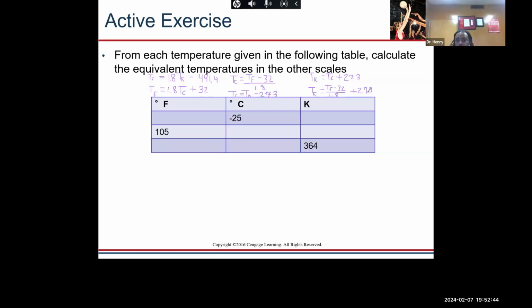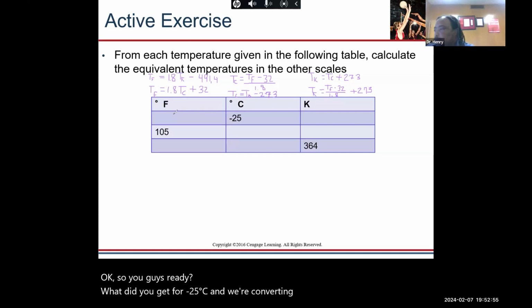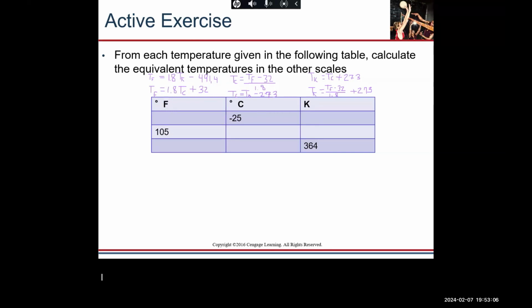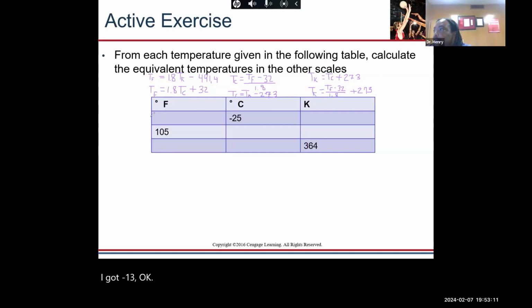Okay, so you guys ready? What did you get for minus 25 degrees Celsius? And we're converting to Fahrenheit. I got negative 13. Okay, negative 13.